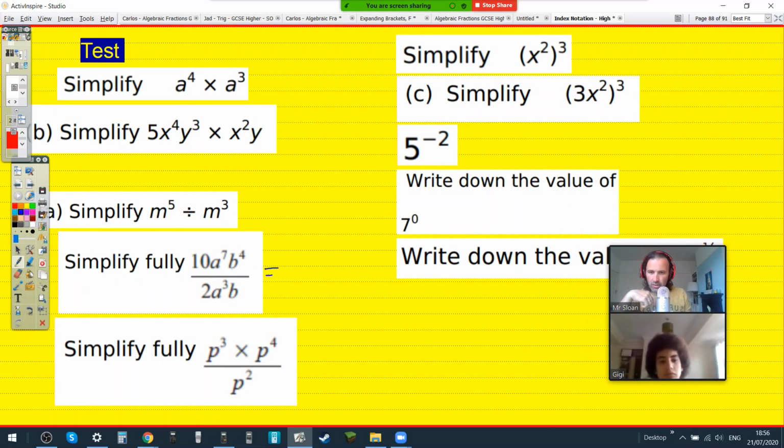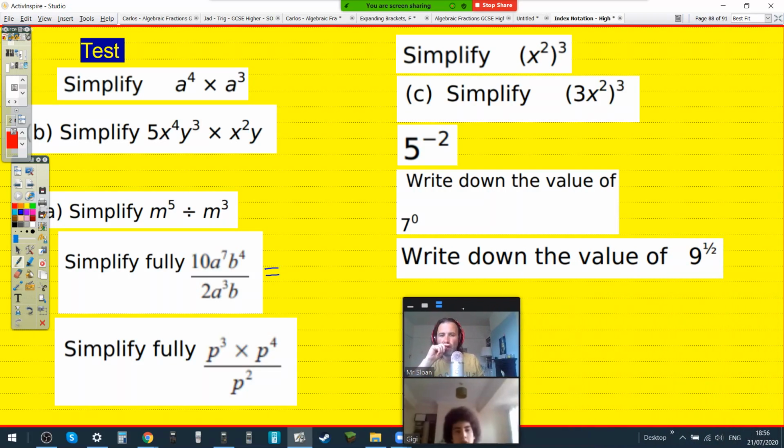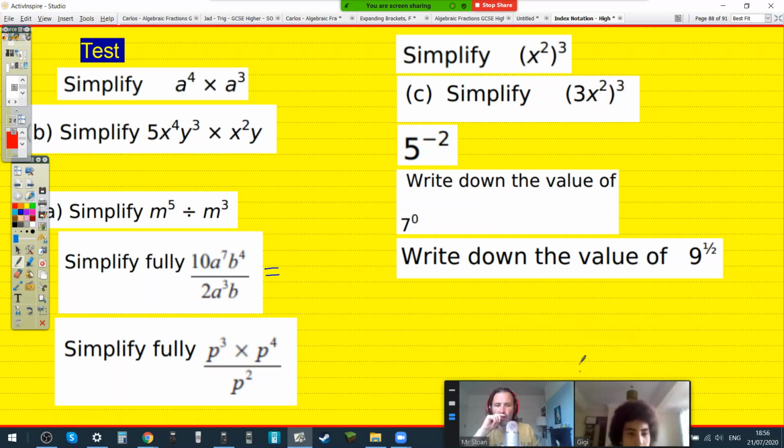Let's try this one here. The divide, so it'll be 5a to the power of 4 and b to the power of 3. Yep. How about this one? 1 over 5 to the power of 2 should be 1 over 25.